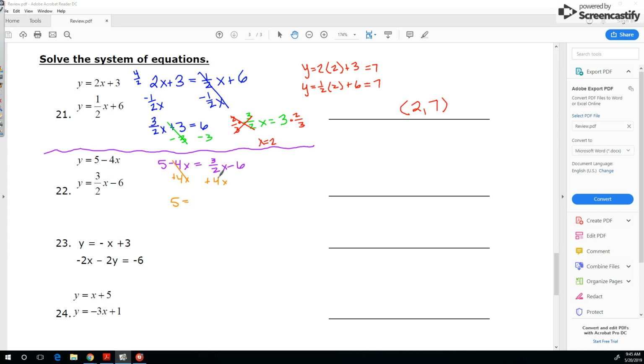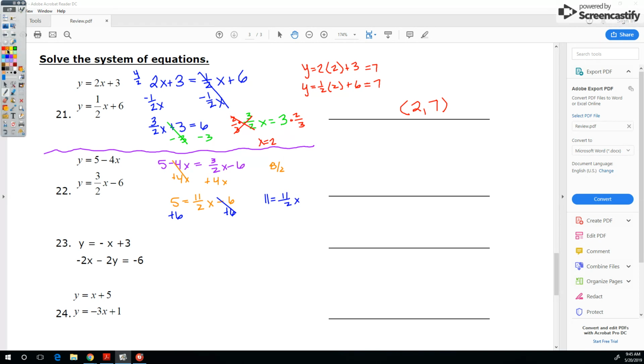So 3/2 plus 4, if we make 4 into halves, that would be 8/2. So 3 plus 8 is 11. Add 6 to both sides, and I have 11 is equal to 11/2 x.